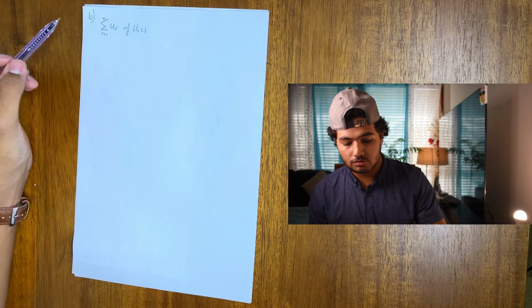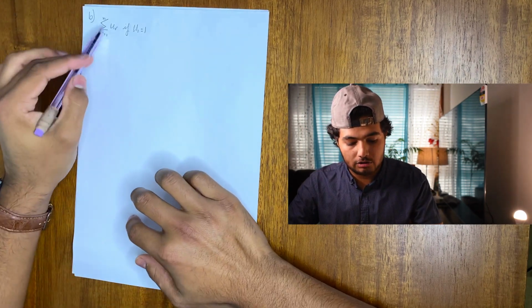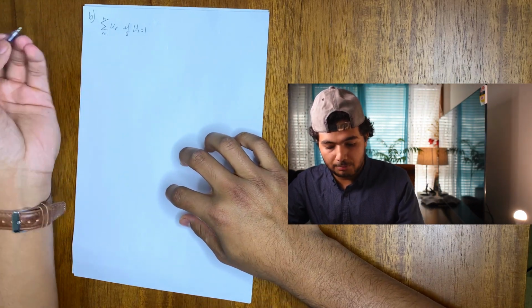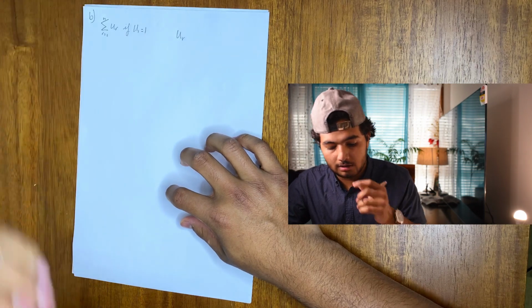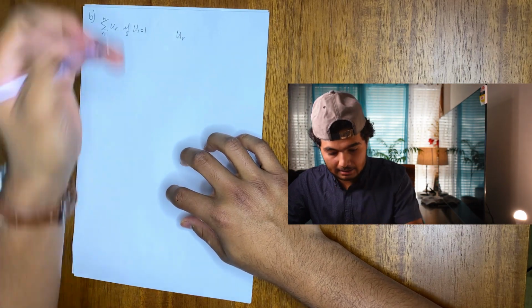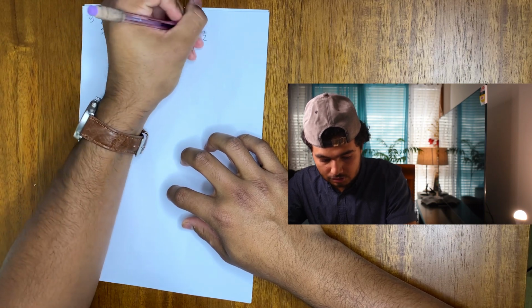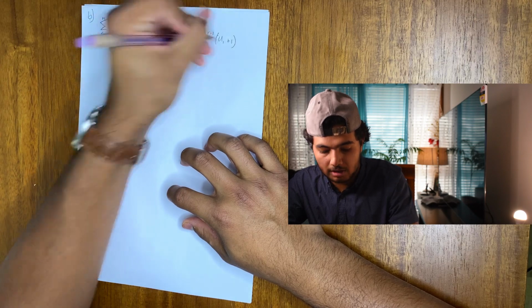The first step I will do in order to solve B is rewrite u of r. In the previous example, we found that u of r plus 1 equals 2 to the r minus 1. We had u of 1 plus 1, correct?